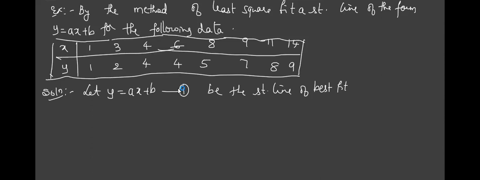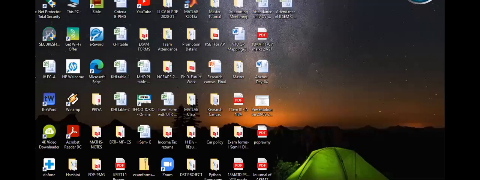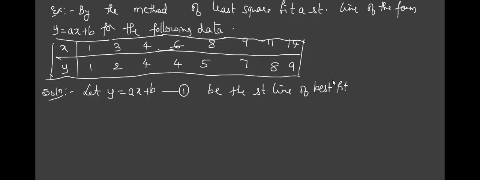After taking this, what do we have to write according to the procedure? We should write the normal equations. Tell me what are the normal equations? How many do we have to write? 2, ma'am.